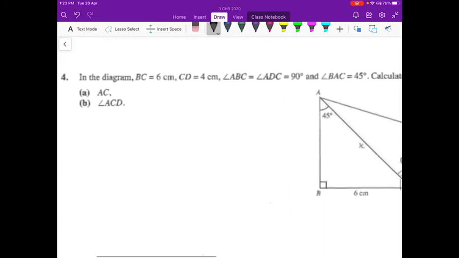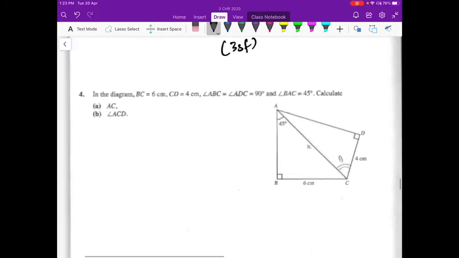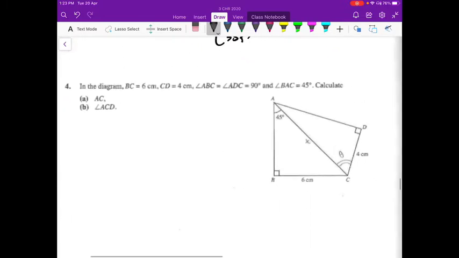Next. Okay, now we have two triangles in the same diagram. 6 cm, 4 cm, 90 degrees, and 45 degrees. Based on this, if this is 45 degrees and this is 90 degrees, not that the question asked, but can you tell me what this angle is? How much? 45 also, okay?